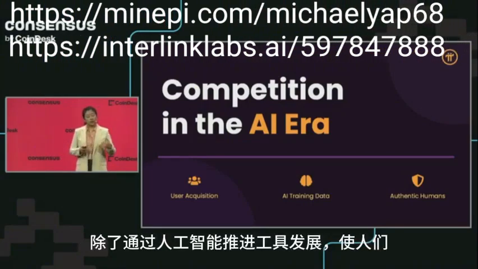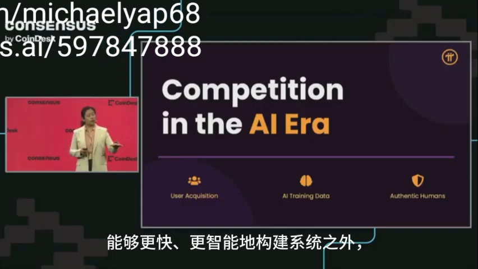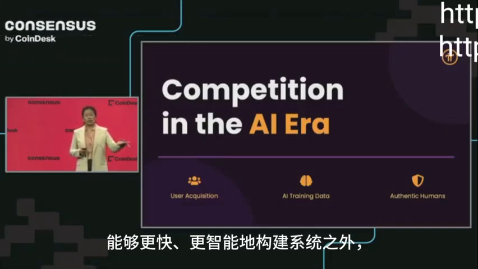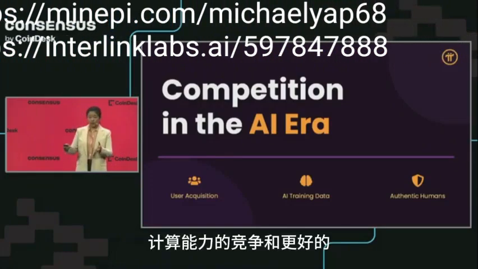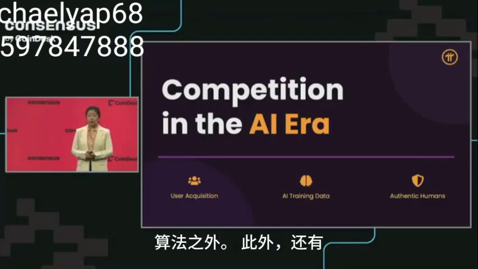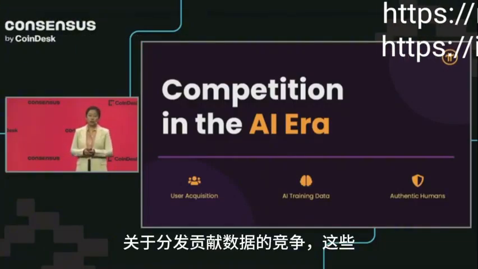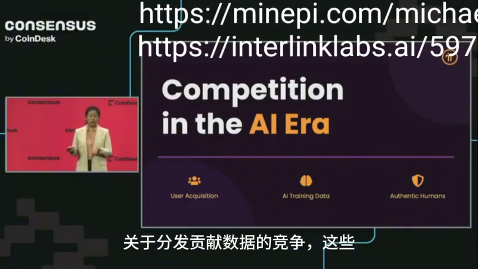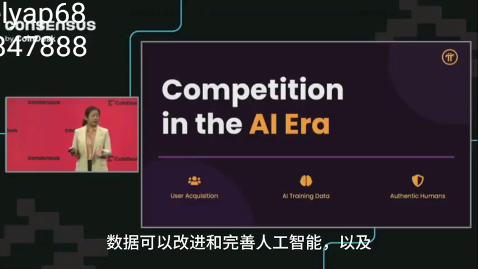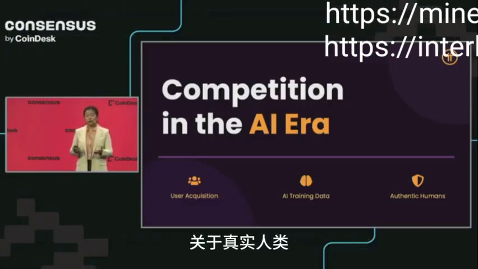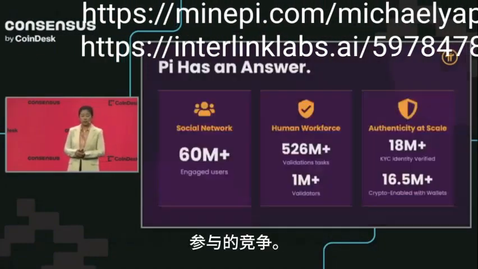So in addition to advancing the tools people can build faster and smarter through AI, and also in addition to the competition for compute energy and better algorithms, there is also the competition for distribution, competition for data that improve and refine AI, and also competition for authentic human participation.